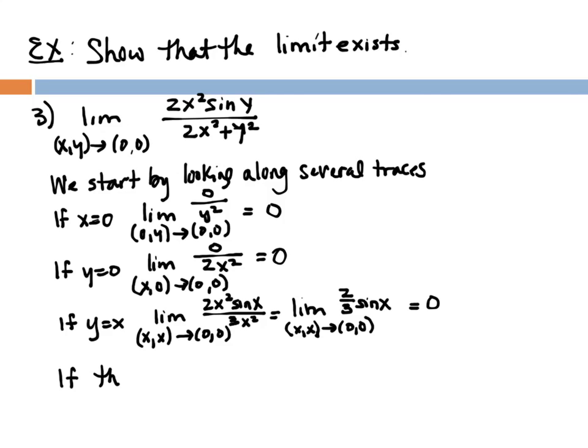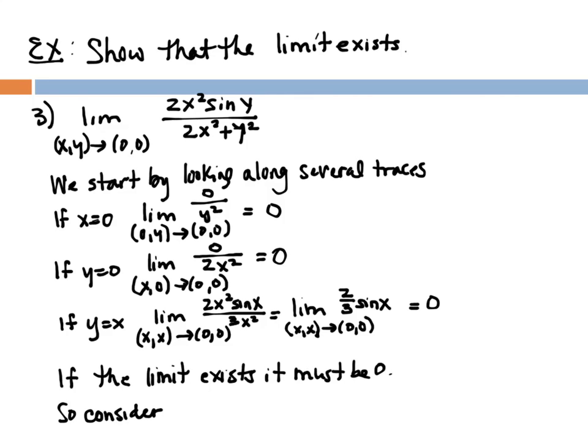So if the limit exists, it must be 0. So we're going to consider taking our function value, which I will actually write in the function in a moment, minus the value of 0.